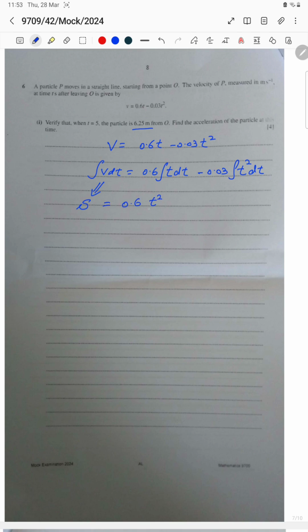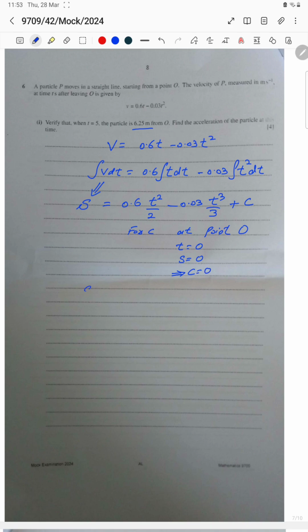S is equal to the integral of 0.6t dt minus 0.03t square dt. So this comes to be the displacement, that is 6.25 given. 0.6 will be t squared by 2, and 0.03 comes t cube by 3, plus c. For the value of c, at point O, the initial starting point, we know t was 0 and s was 0, so it implies that c was 0.